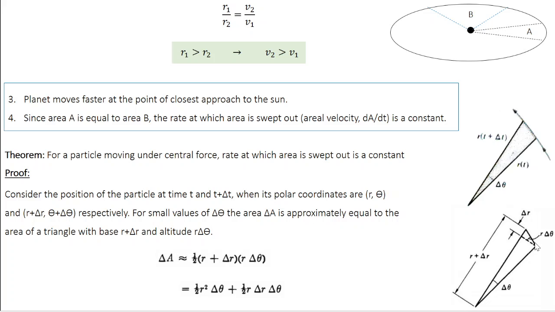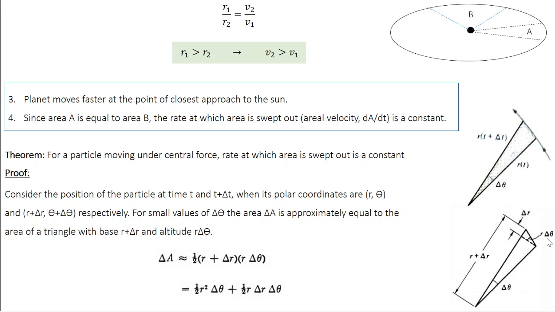And what about the third side? If this is delta theta, this side is r, and this side is going to be r delta theta. So you have a base of r plus delta r, which is this side, and a height of r delta theta.